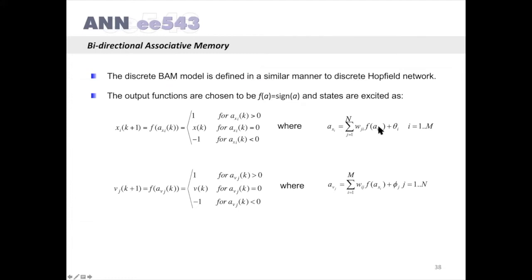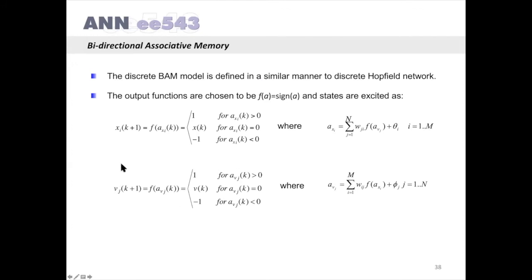For each neuron, we are multiplying the output of that neuron by the connection weight from that neuron to our neuron xi, and here j is from 1 to n, and here we have plus theta i, where i is from 1 to m. So we are considering each neuron in the X layer.